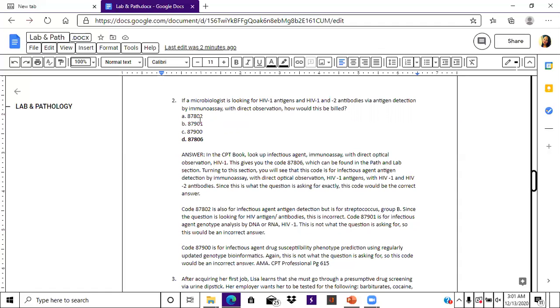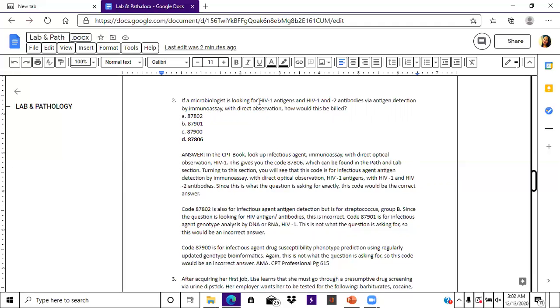So we have A, 87802, 87901, 87900, and 87806, which is the answer. And this is why. In the CPT book, look up infectious agent, immunoassay with direct optical observation, HIV-1. This is how you're going to look it up in your index.